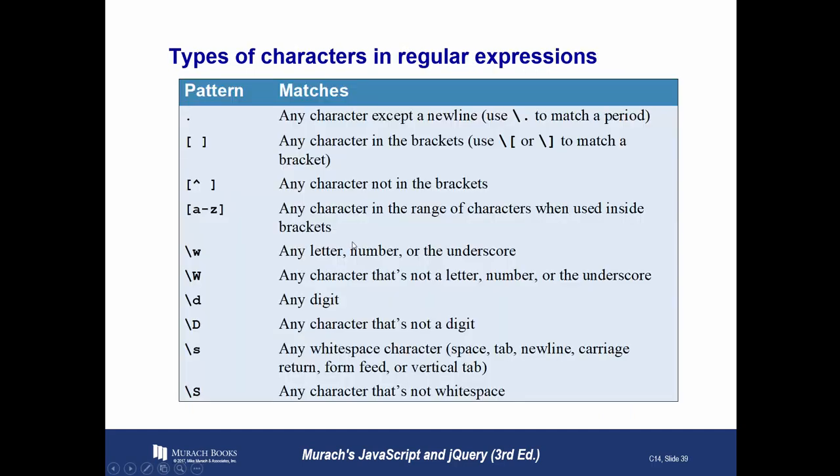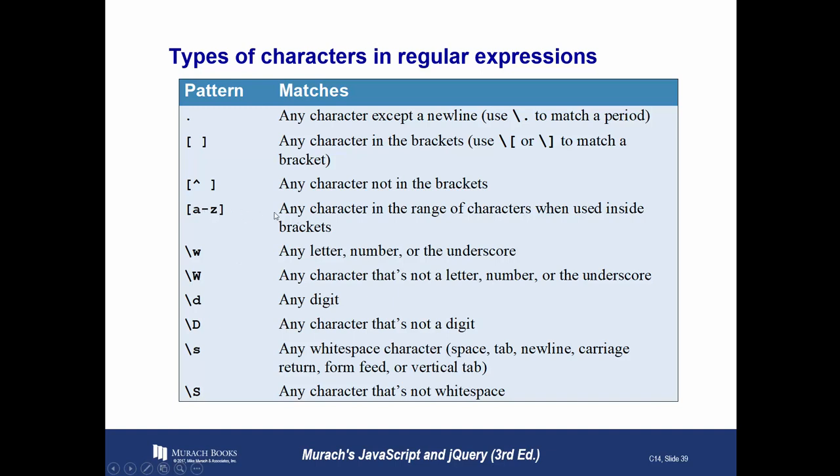Okay. Here are some more patterns. We already saw that \d means digit. \D means non-digit. \s means white space, so it's a space bar, a tab, a new line, etc. \S is any non-white space character. \w is any letter, number, or underscore, typically called alphanumeric, adding the underscore. \W is anything that's not one of those characters.